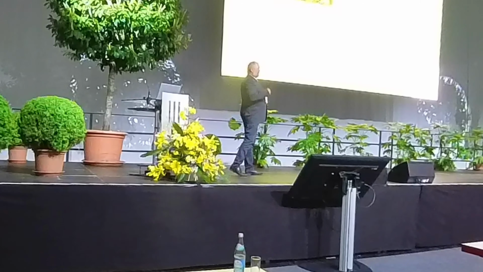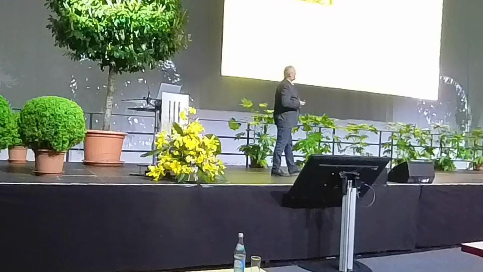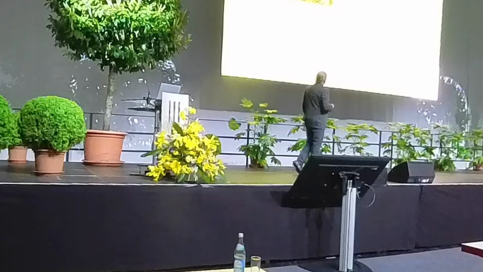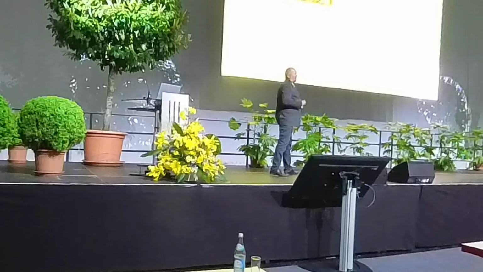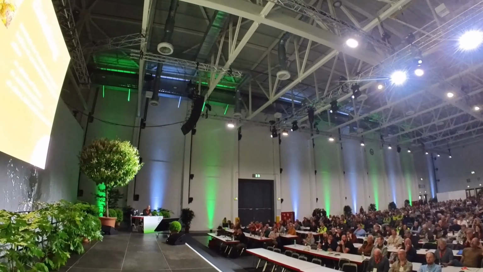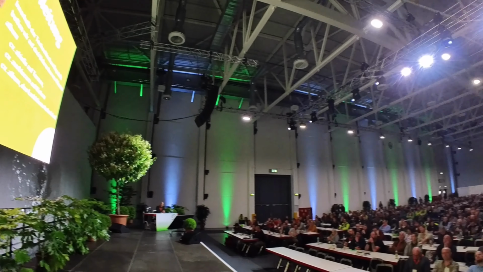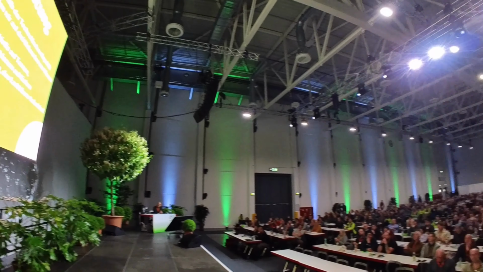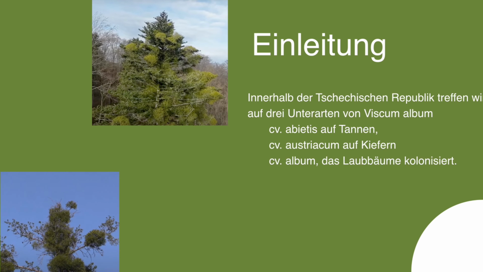If we speak about the real mistletoe, the genus Viscum, we have three subspecies, and it's pretty important to differentiate them. First is the subspecies abietis, on firs.